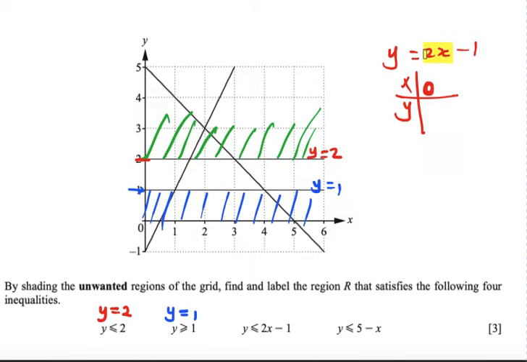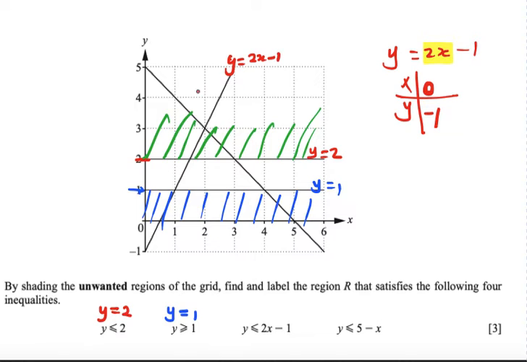Because any number times 0 is 0, 0 minus 1 is negative 1. So that means y is negative 1. Let's look for a line that has the coordinate (0, negative 1). It is this one. So we got it. This is the line y equals 2x minus 1.